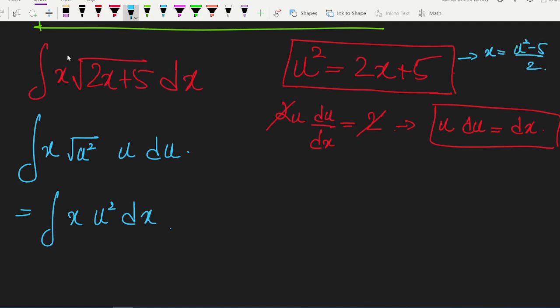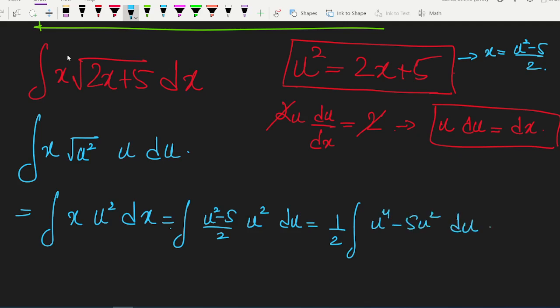So x is basically u square minus 5 over 2. This is under root u square minus 5 over 2 u square du, right? So this becomes 1 over 2 goes out. We get u to the 4 minus 5u square du, right?